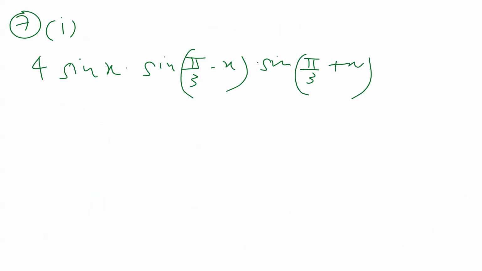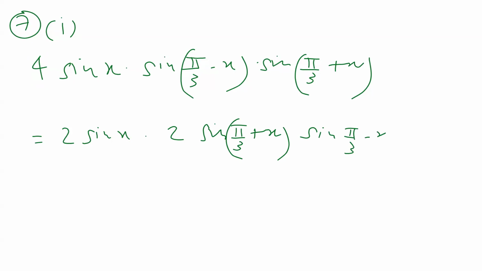Now this is multiplication, so we can break down this 4 into 2 into 2. I'll write the greater angle first. Okay, now I'll apply this formula, 2 sin A sin B, the defactorization formula.